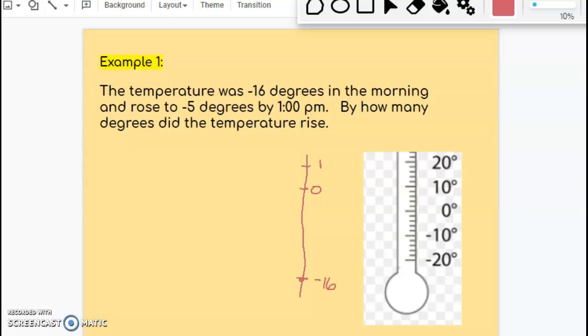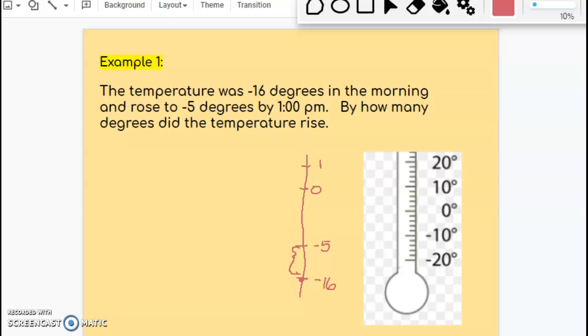So we're at negative 16, and it said that it rose, so it went up, and by 1 o'clock it was negative 5. So we want to know by how many degrees did the temperature rise? This is what we're trying to find, the space here. Whenever you're looking for the difference between two numbers, difference is subtracting, okay?